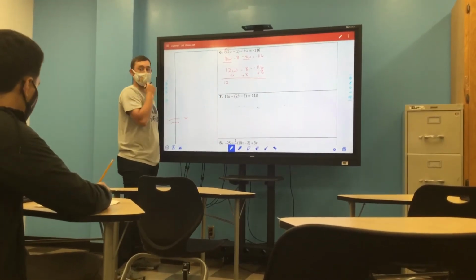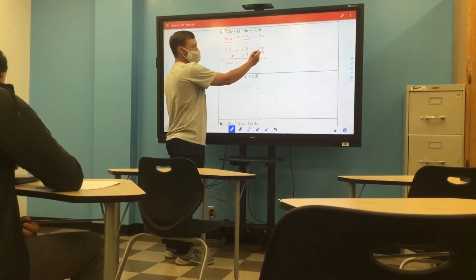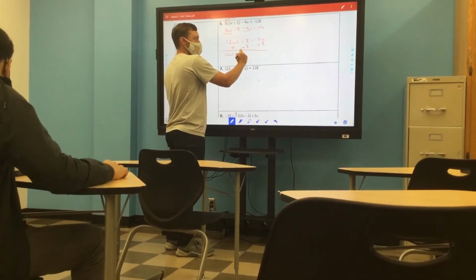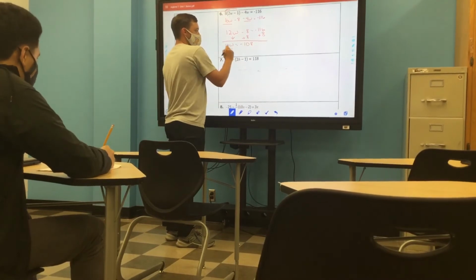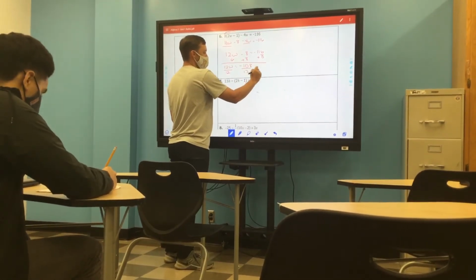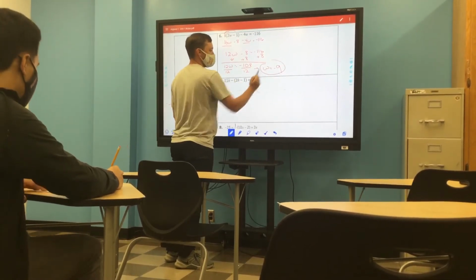We do the opposite of fractions, that's your reciprocal. All right, so 12W is equal to -116 plus 8. That is -108. Divide by 12. And we end up with W is equal to -9.